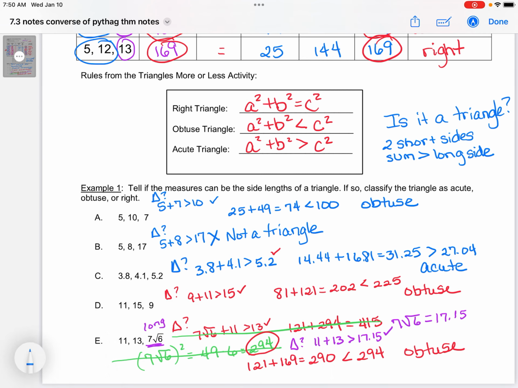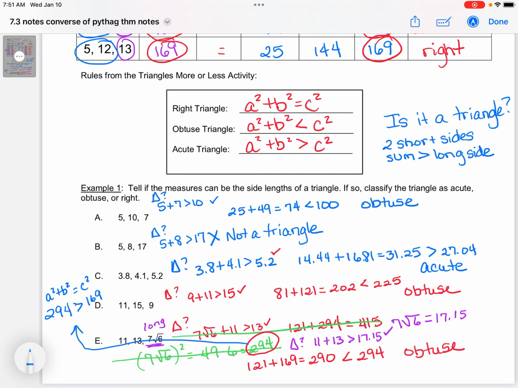So how did I know that I set it up wrong? If you're interested, when I got 294, I was comparing it, because that's a squared, that's what I thought was a squared plus b squared. And I thought c was 13, so I was comparing it to 169.